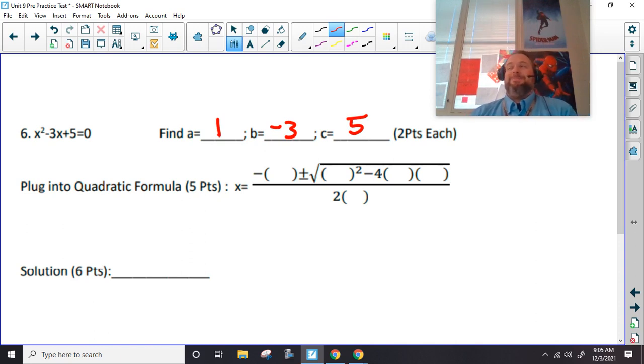Notice none of the A, B, or C has an X in it anywhere. So now we plug this in. And that's what it should look like after we plug it into the quadratic formula.